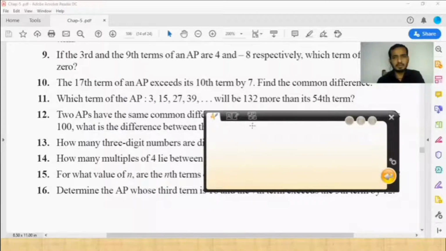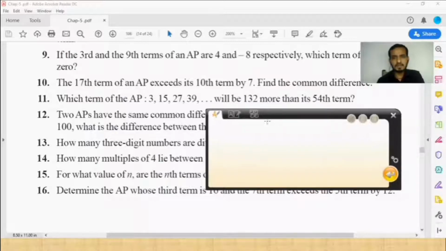So you can write A_N is equal to the 54th term, that is A54, plus 132. And you want to find the value of n.